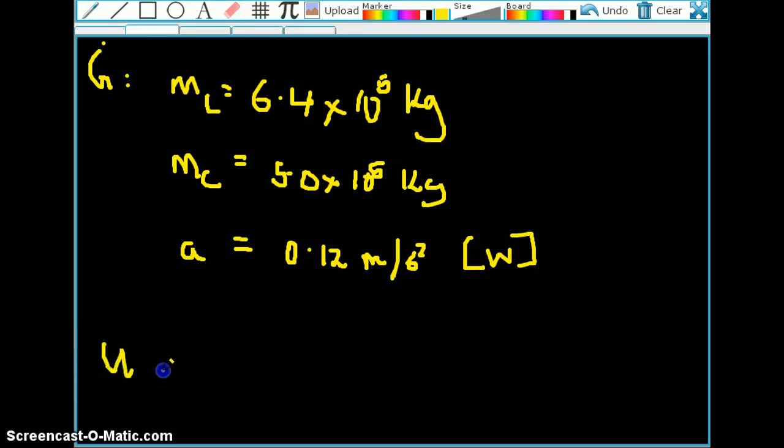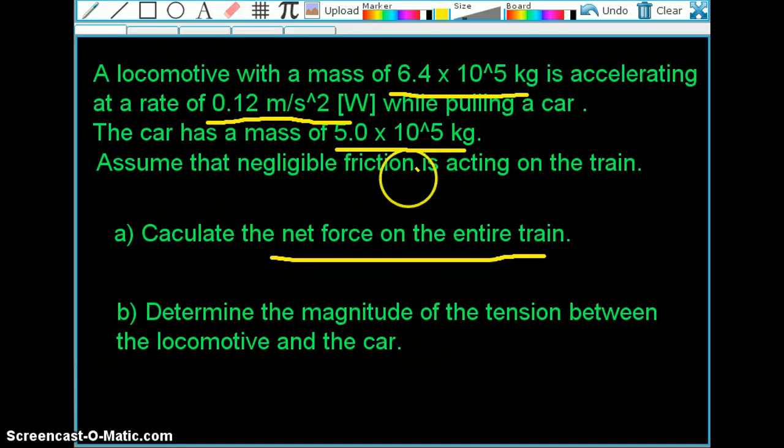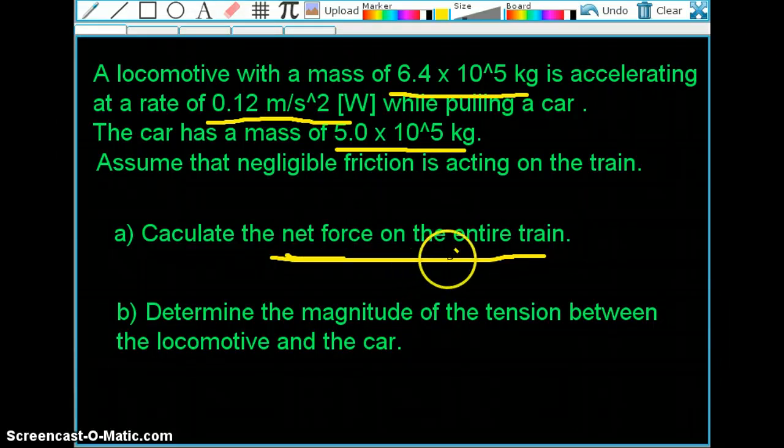So your unknown in this case is given in part A of the question. So part A is asking you the net force on the entire train. Now, obviously, the important part is that we're looking for the net force. But in addition, the key words are also the entire train.